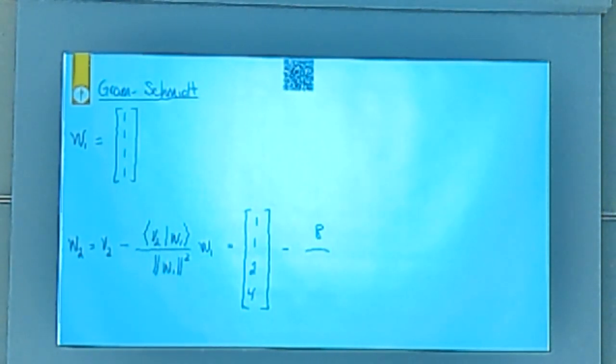Now we want the norm of W1 squared, the norm of V1 squared.